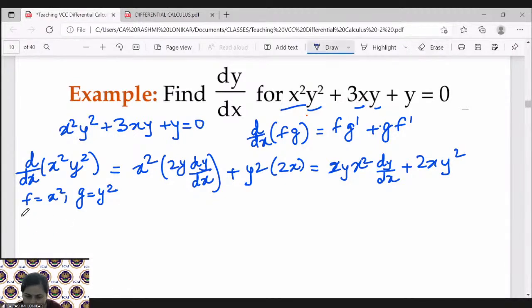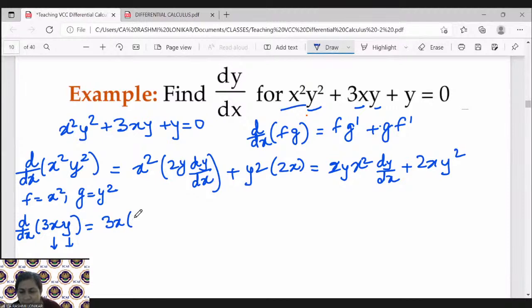So what will be the derivative of the second term? d by dx of 3xy. Okay. So this x will be the first term and y will be the second term. So 3x into the derivative of the second term.